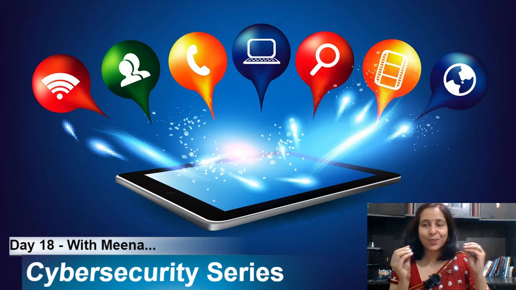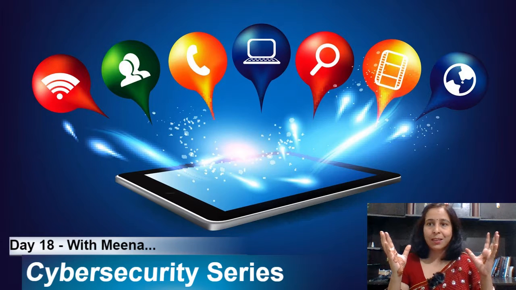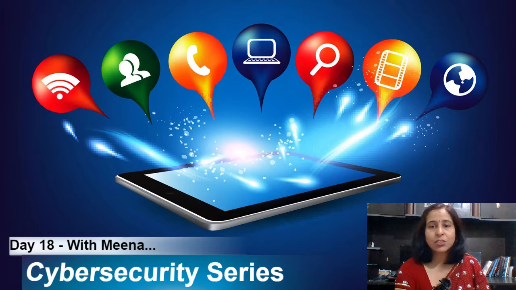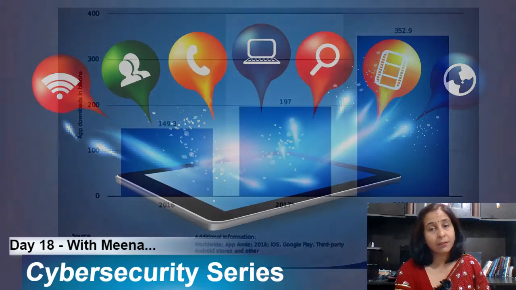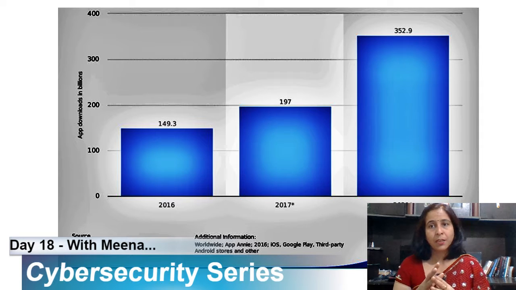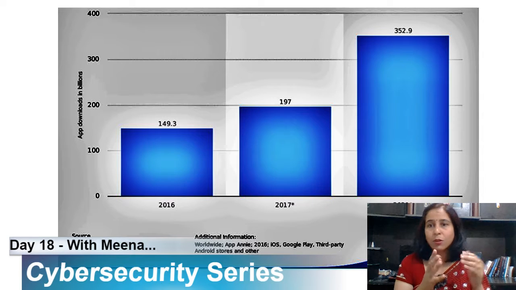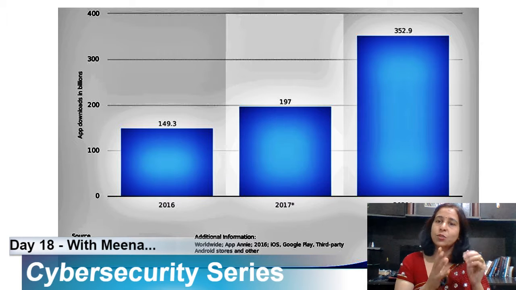Just think how big the application market is, and it keeps changing. In 2017, 197 billion downloads already happened, and in 2021 it is expected to be 352.9 billion downloads of different apps.